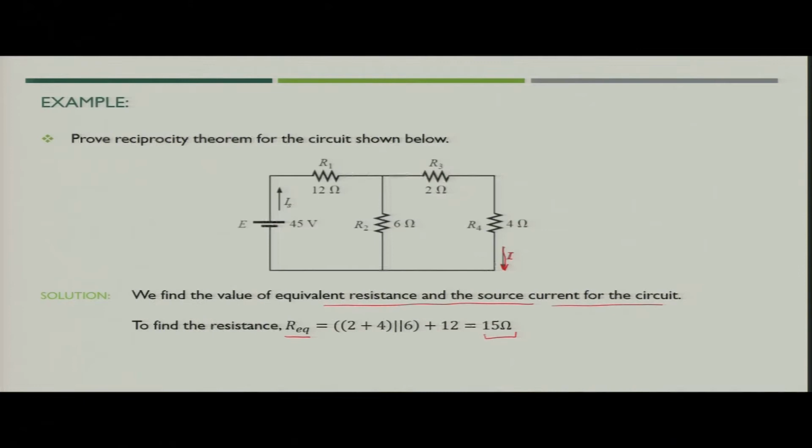Now, you can use the current division rule, because here the current is being divided into 2 parts. So, the current flowing in this would be the value of resistance this divided by the sum of the resistances.